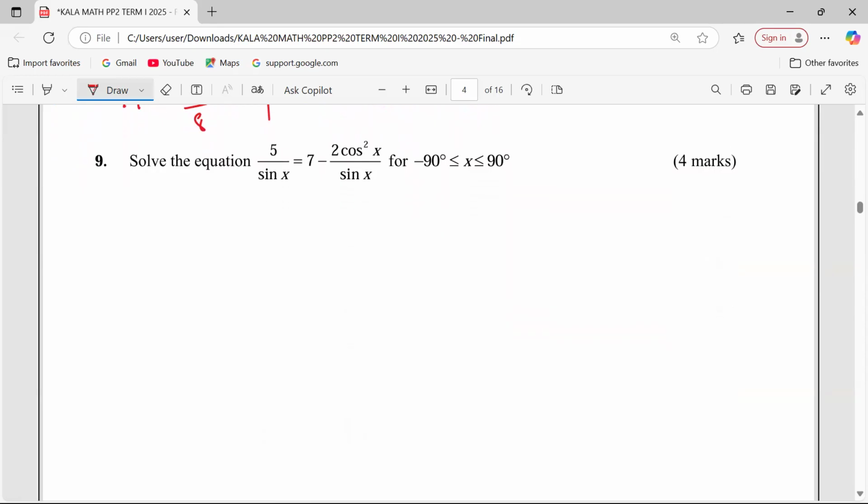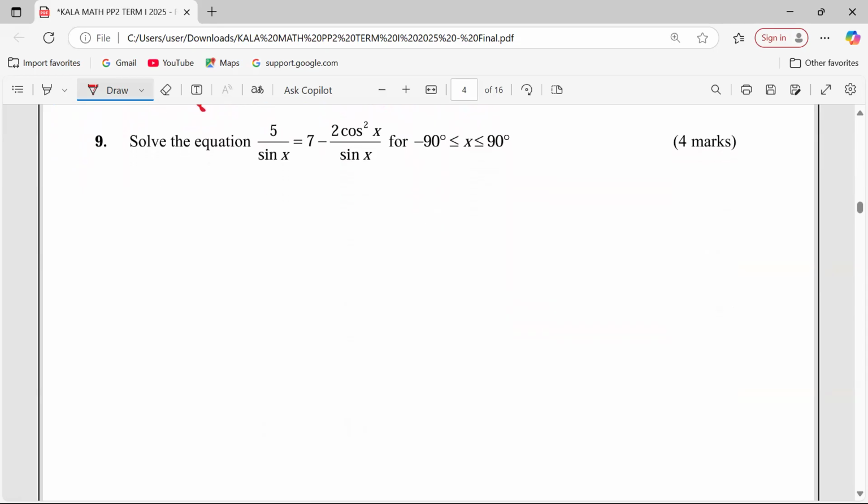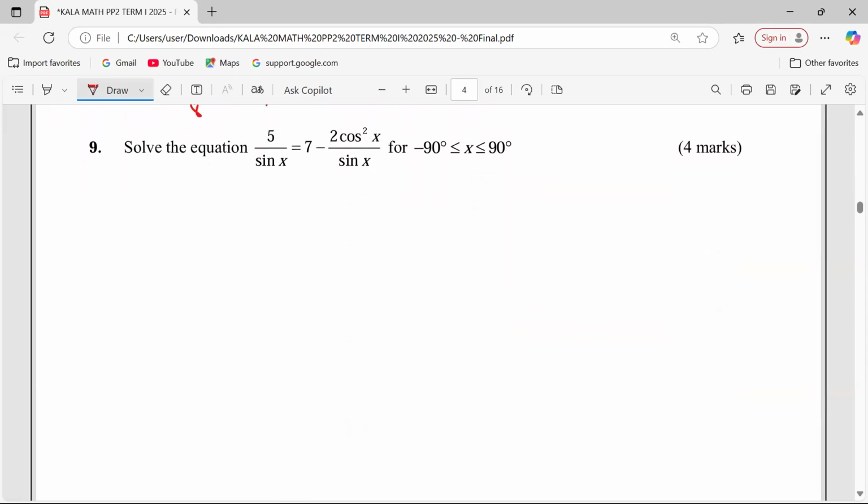Number 9, solve the equation 5 over the sine of x equals 7 minus 2 cosine squared of x, for x ranging between negative 90 and positive 90.